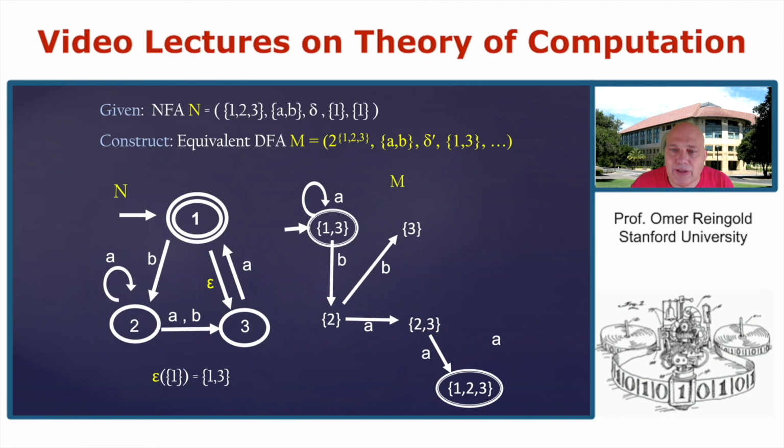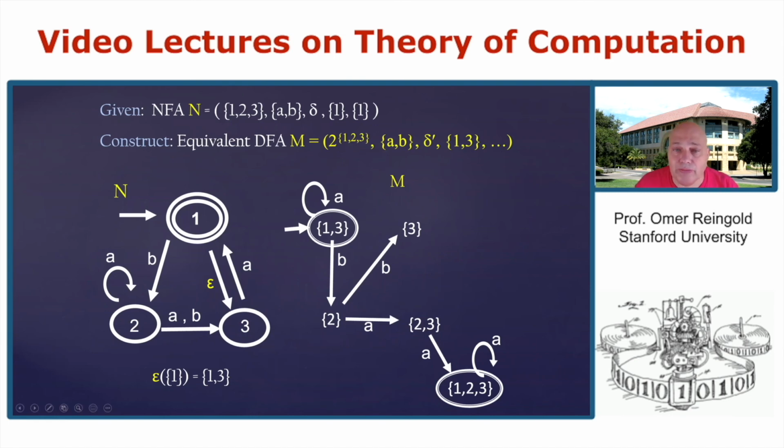What happens when you take an A transition here from 1, 3? Well, from 2 you can reach itself, you can reach 3. From 3 you can reach 1, and so this is a self loop. So 1, 3 on A is a self loop.